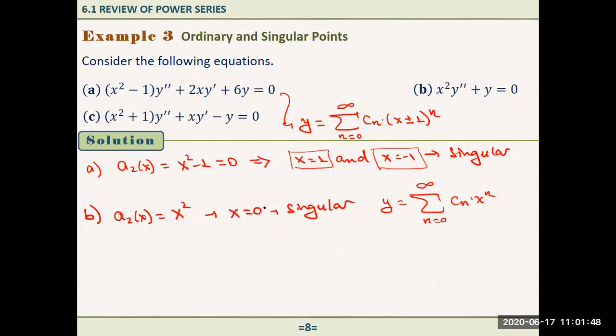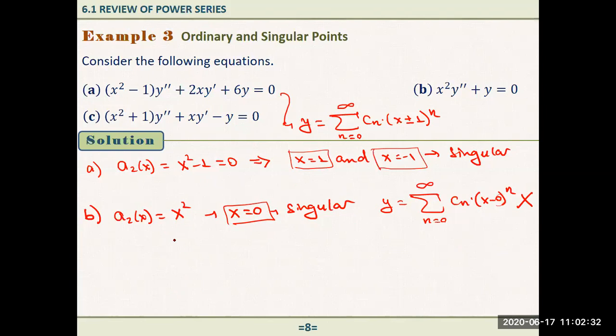But here, since x is equal to 0, x to the power n means x minus 0 to the power n. This assumption does not work for this function, because x equals 0 is a singular point. Near this point, this differential equation does not have power series solutions of this form. That is not possible. That's why we are studying singular and ordinary points: you should recognize and know the difference between these two things.